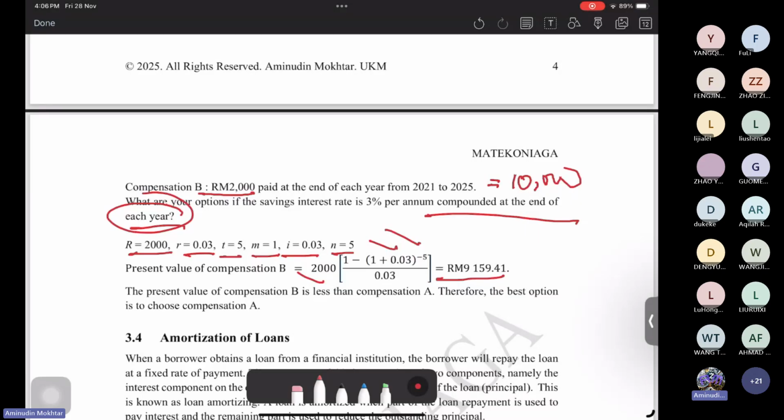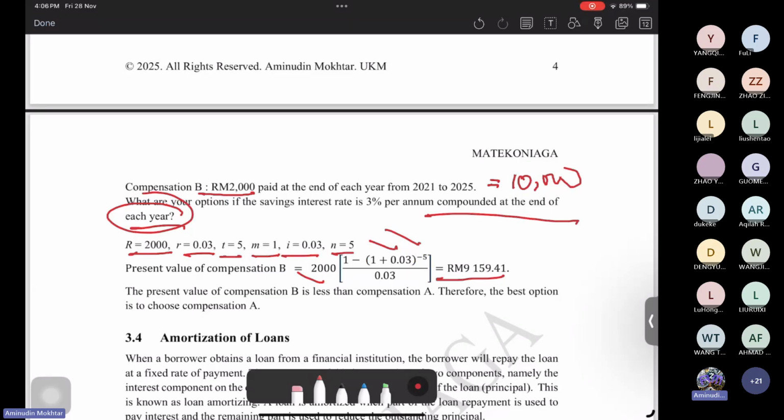In other words, proposition B offers you 10,000 ringgit, but they will pay you in the future. The present value of the money that you will receive in the future is only 9,159.41.